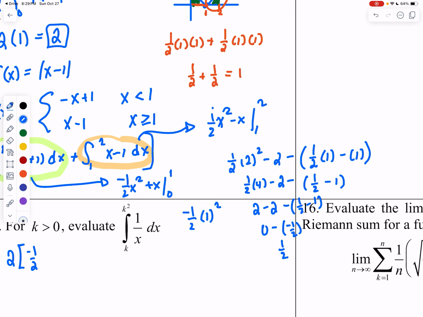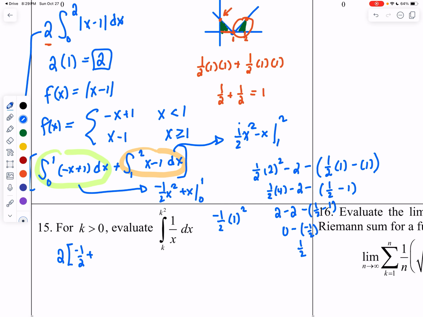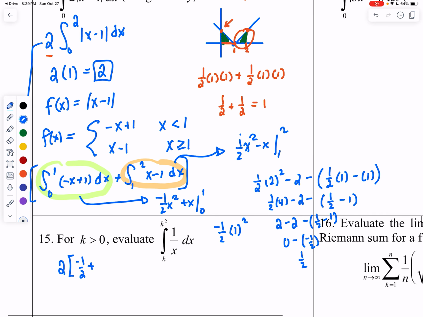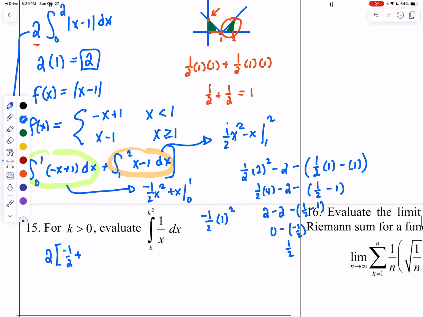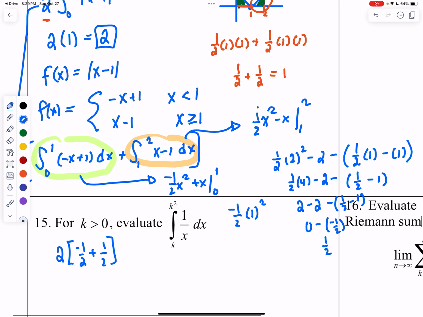So then I have plus 1/2 here. Which means I did something wrong.